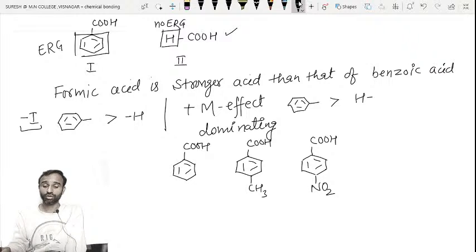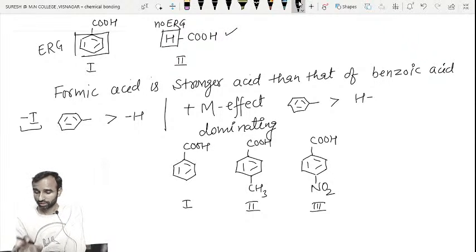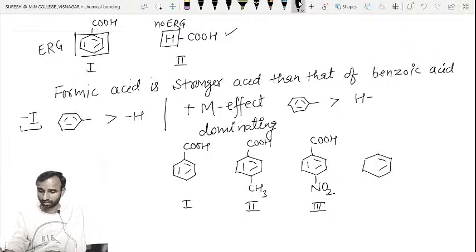Tell me, what is the order of acidic strength? Benzoic acid, paramethyl benzoic acid, and para-nitrobenzoic acid. What is the order of acidic strength? Or even you can take into account para.